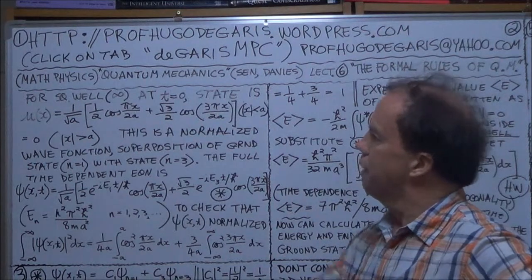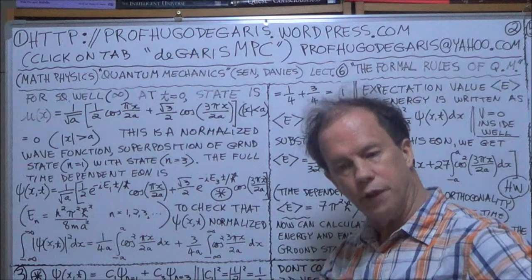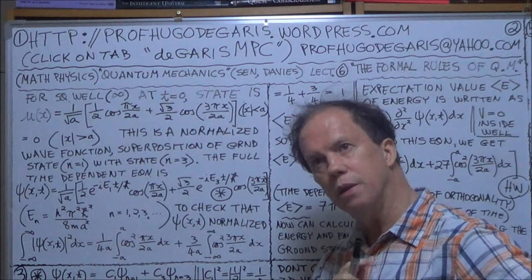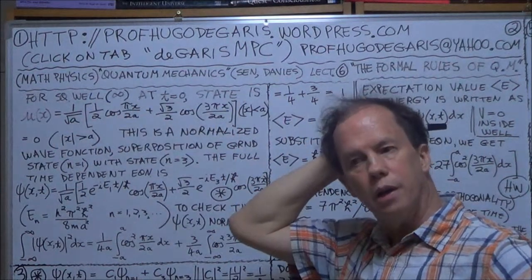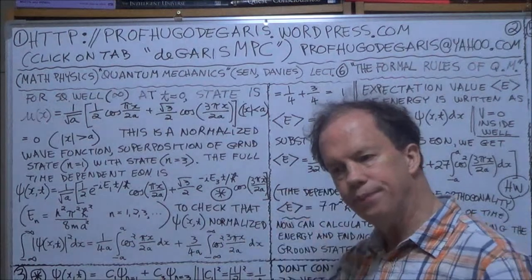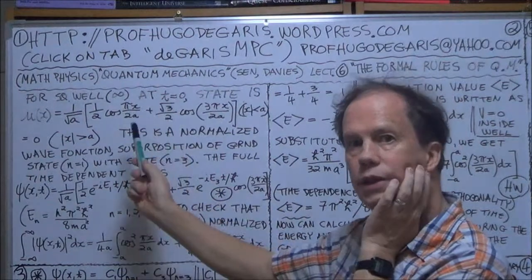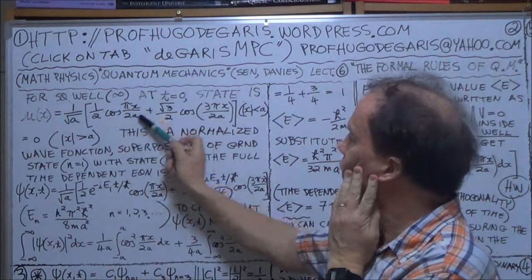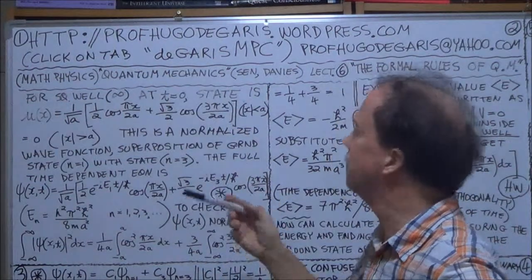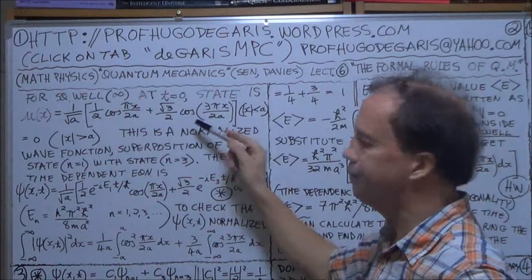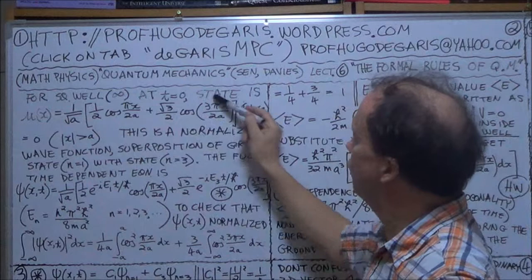In this session, we continue with a concrete example of a superposed state in the context of the infinite square well, with two energy eigenstates: one of this form that corresponds to the ground state energy, the lowest energy, and the next one, an excited energy level, whose wave function is of this form.